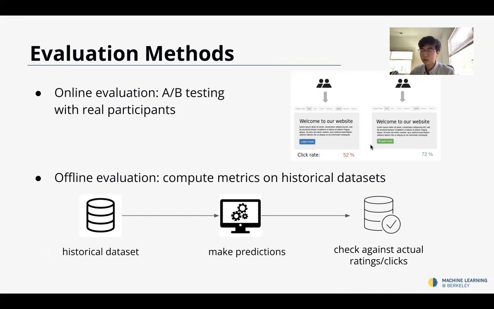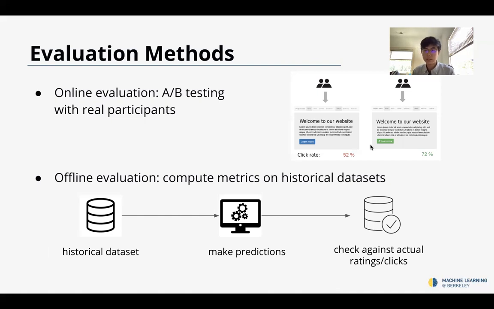Their interactions aren't spontaneous. So you might develop a system that does well on the historical data set, but it ends up changing the types of things that users click. And it might hurt its own performance by changing the distribution of data in the real world.